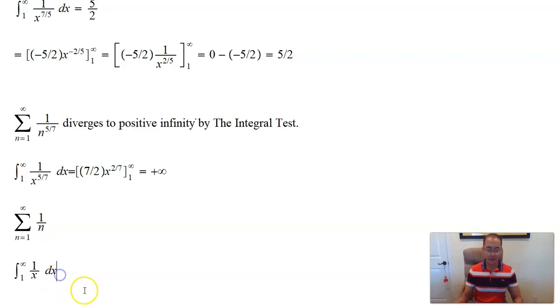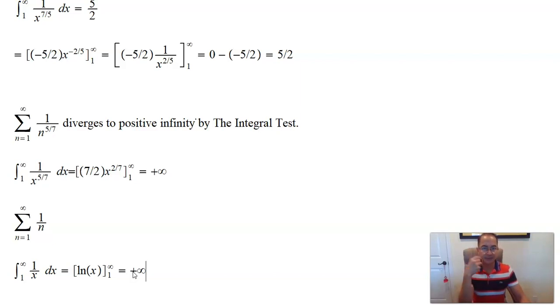Everyone should know that the antiderivative is a natural logarithm, absolute value, but everything is positive. We're going from 1 to infinity, so we want ln of x from 1 to infinity. And of course, what happens to ln as x goes to infinity? That will diverge also to positive infinity.